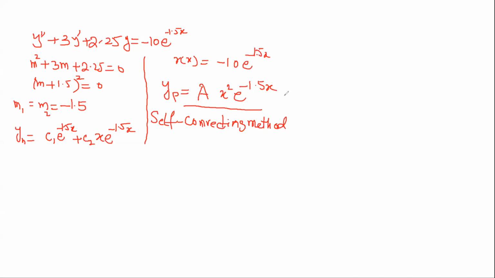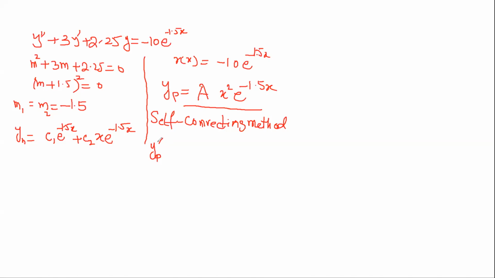In this case, there is only one undetermined coefficient. For this, you will take the first derivative, because in this equation we need the value of the first derivative and also the second derivative.